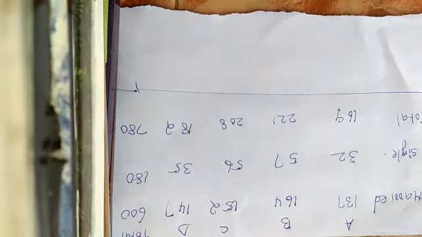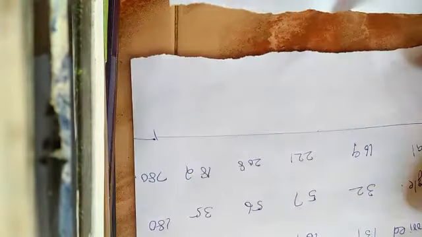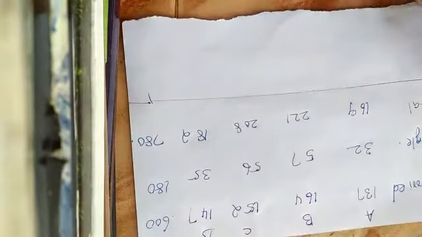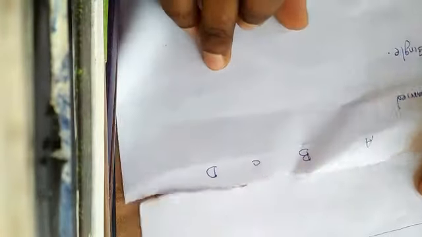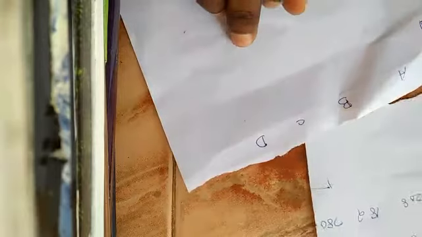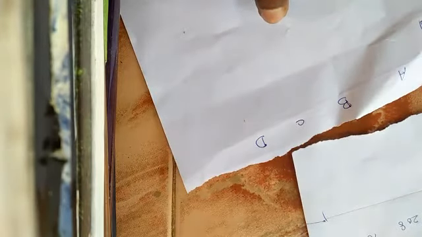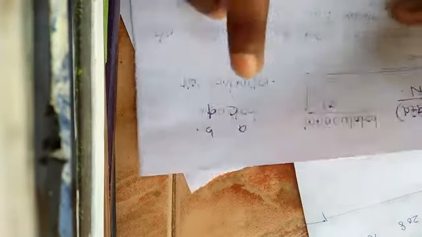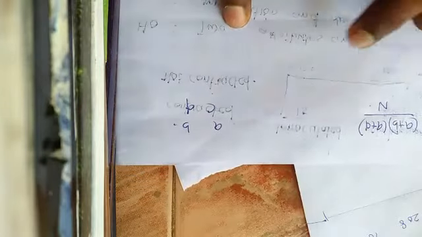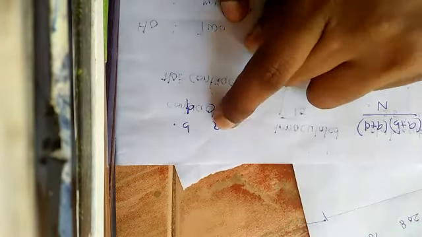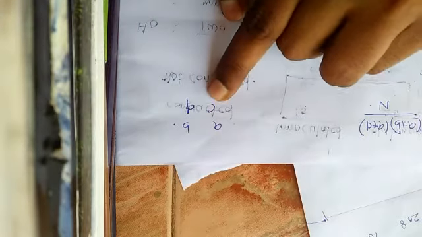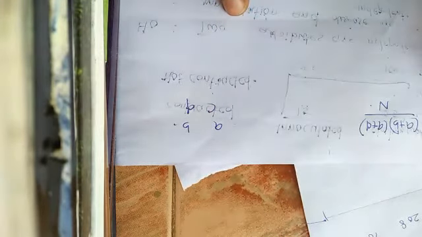Next, we need to find the expected frequencies; these are the observed frequencies. How to find an expected frequency? We already said that in the case of a 2 cross 2 contingency table, the expected frequency of A is (A plus B) into (A plus C) divided by total.